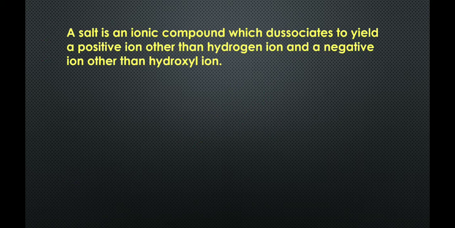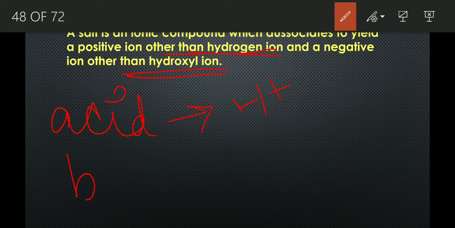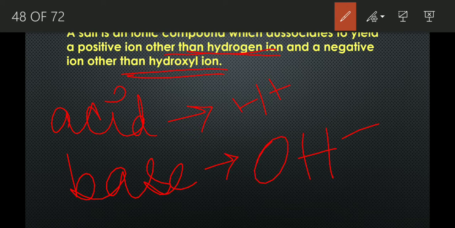Now come to what is a salt. A salt is an ionic compound which dissociates to yield a positive ion and a negative ion, but that positive ion is other than hydrogen ion and the negative ion is other than hydroxyl ion. We know that an acid dissociates to give a positive ion, the hydrogen ion, and a base dissociates to give a negative ion, the hydroxyl ion.